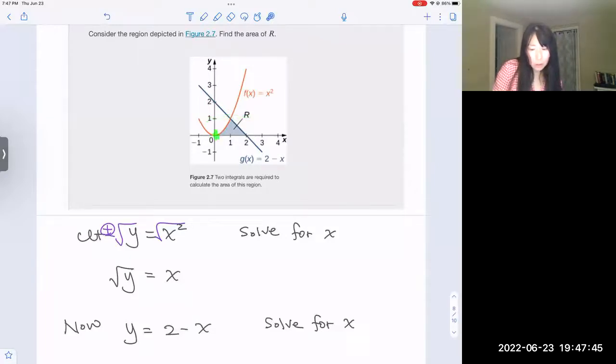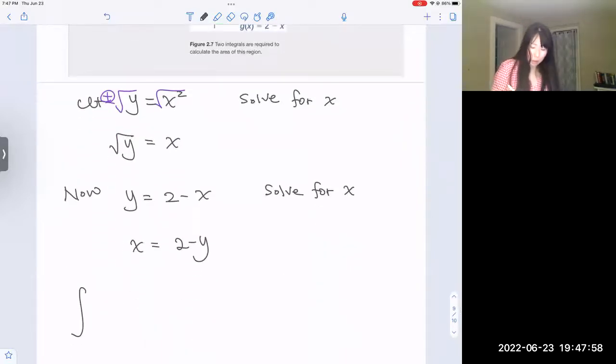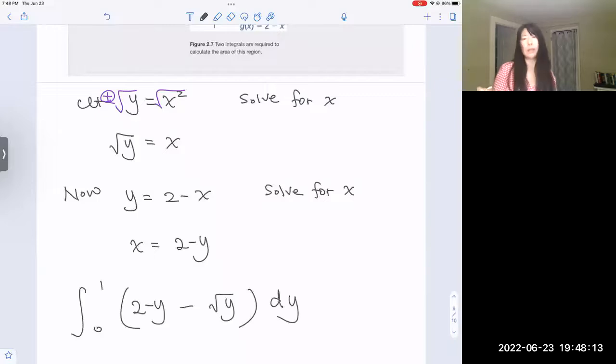Instead of 0 to 2 before, we split it into 0 to 1, 1 to 2, right? So we do that, 0 to 1. Now 2 minus y minus square root of y, dx, dy, sorry.